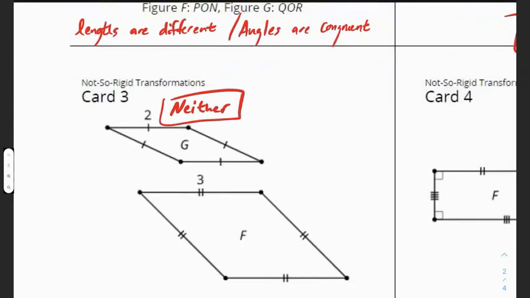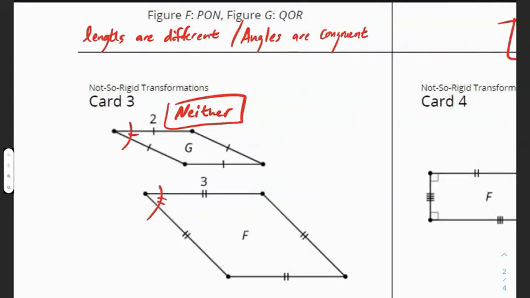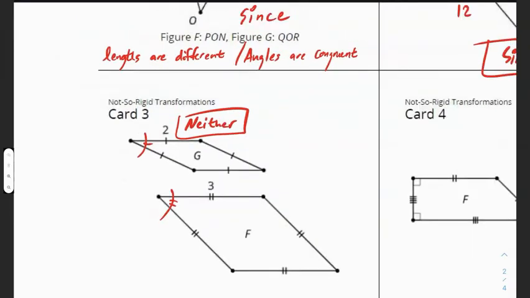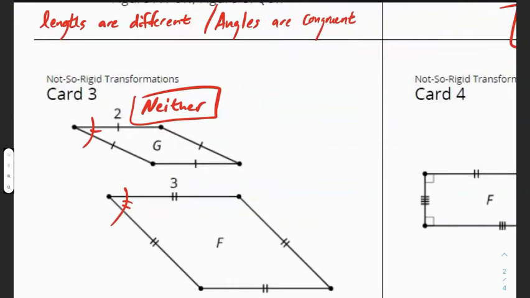The angles look a tad bit different. The first trapezoid seems to be squished a lot more, while the figure F seems to be stretched out a little bit further. So I would say neither.